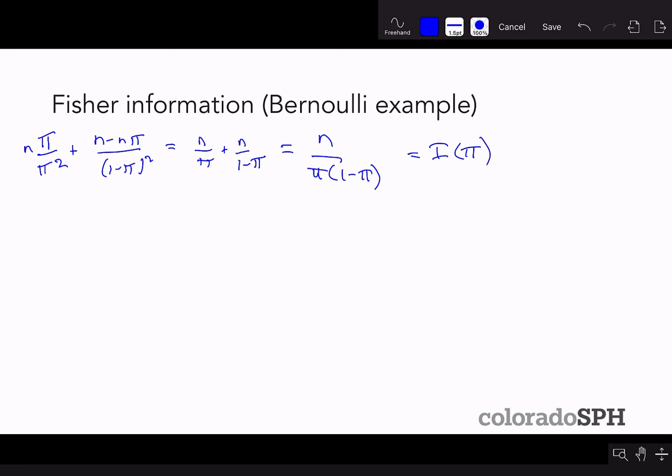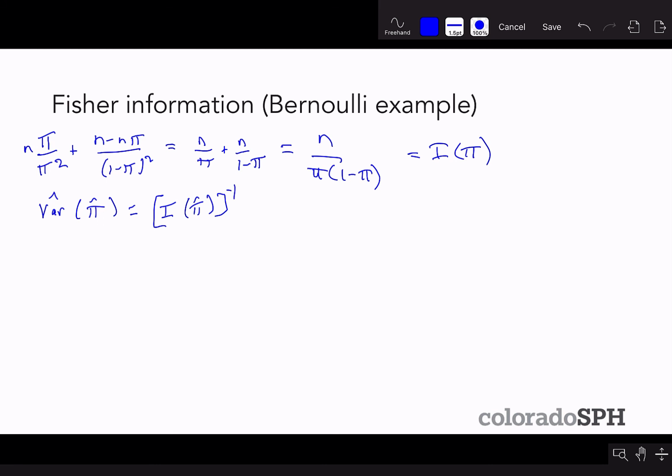And so to get the actual asymptotic variance, what you want is the estimated variance of pi hat, which is equal to the inverse of this expected information evaluated at pi hat.